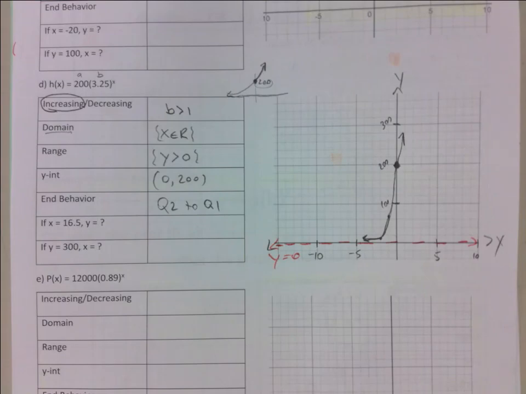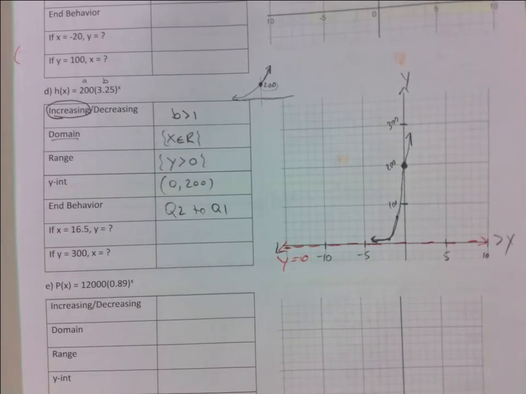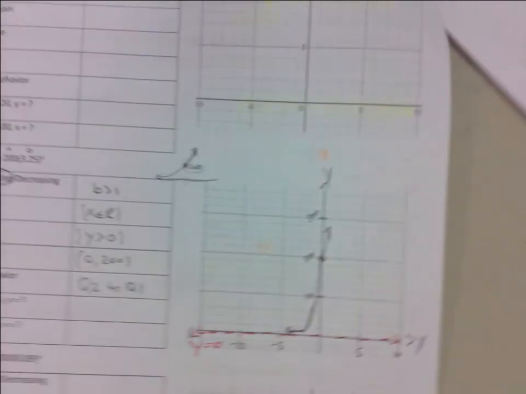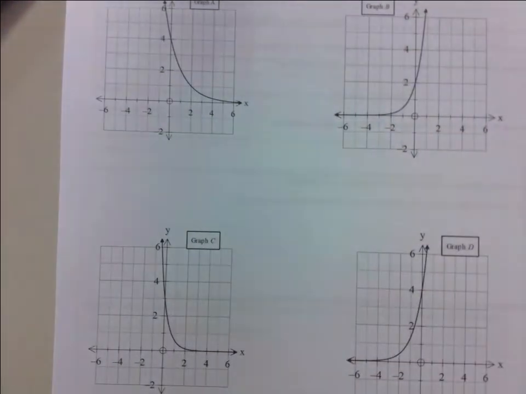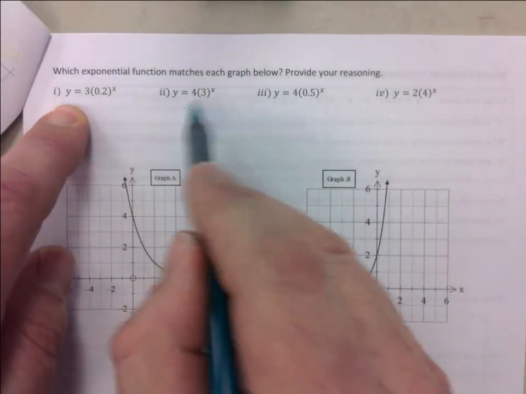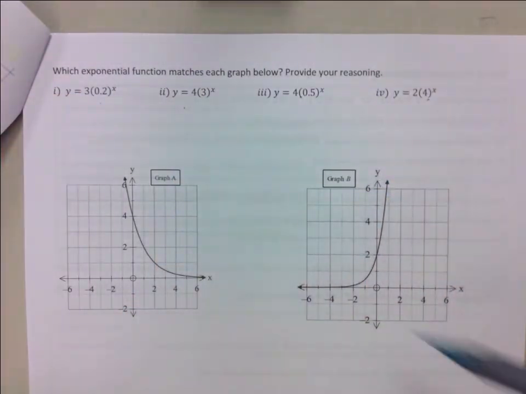All right. I want you to go to page 6. You'll practice more of this in a bit. But I want you to match these equations to these graphs down here.